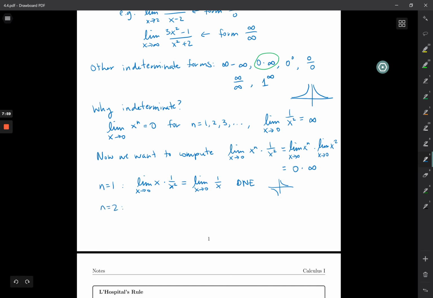And then if we plug in n equals 2, then we get x squared times 1 over x squared, and this simplifies to just 1, and the limit of a constant is just a constant. So you can see already we've plugged in two different values of n, we've gotten two different answers, does not exist, and 1.